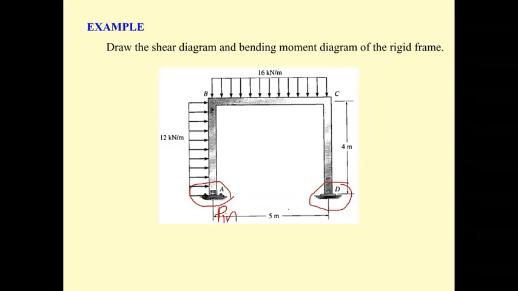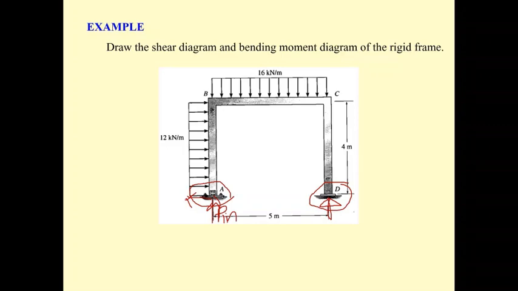So if that happens, we will have the force A sub x and force A sub y at A, and the reaction force only in the vertical direction at D. So we will have three unknown forces, which equals the three equations of equilibrium. So we can solve it.